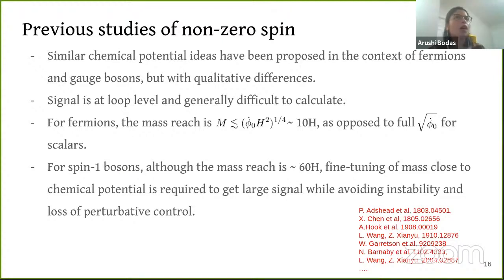I'm not fully aware of that, because the thing with fermions is that because of the Pauli exclusion principle, you don't actually get a condensation kind of effect with fermions. But certainly for bosons, I've definitely seen that you have to tune the parameters so that you don't get into this instability.